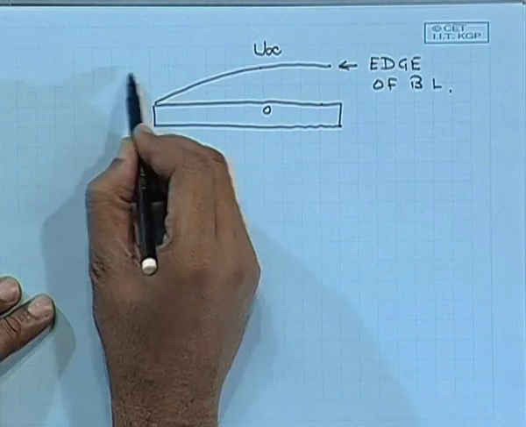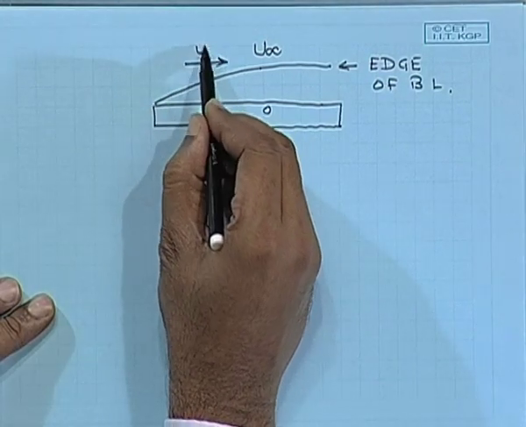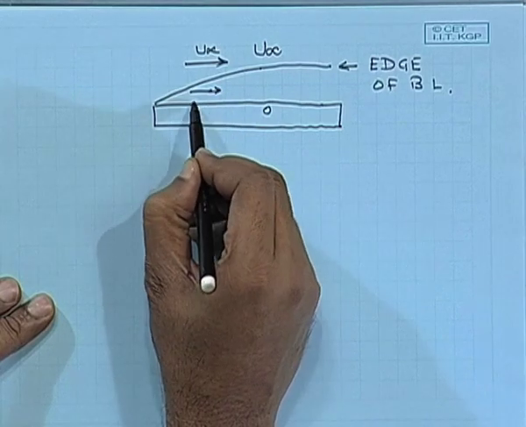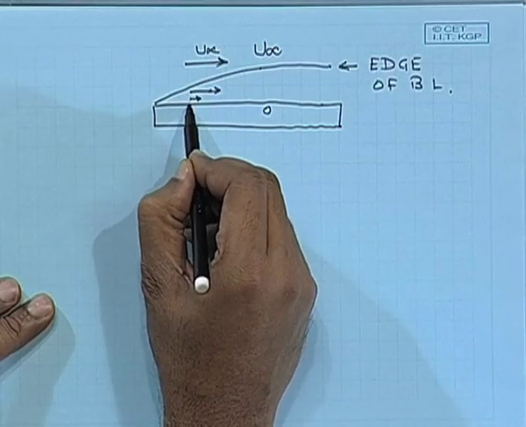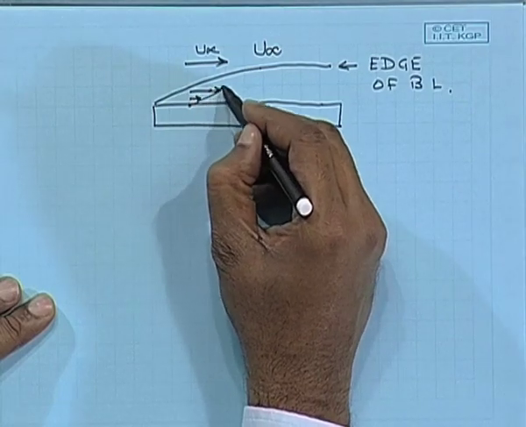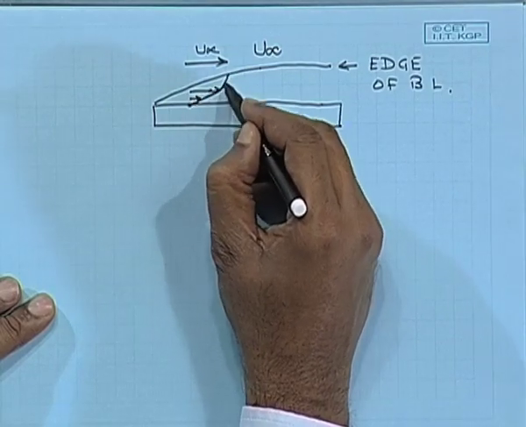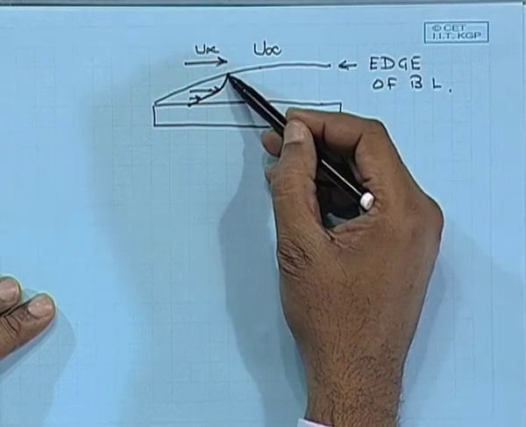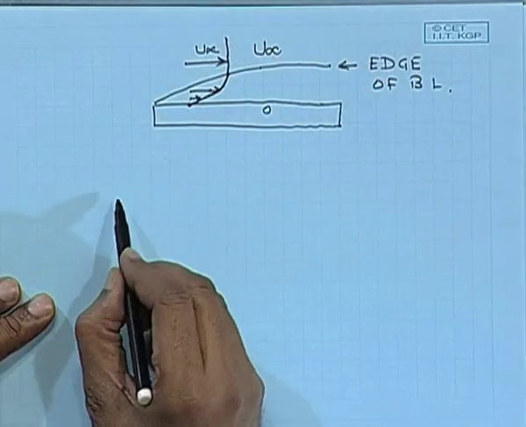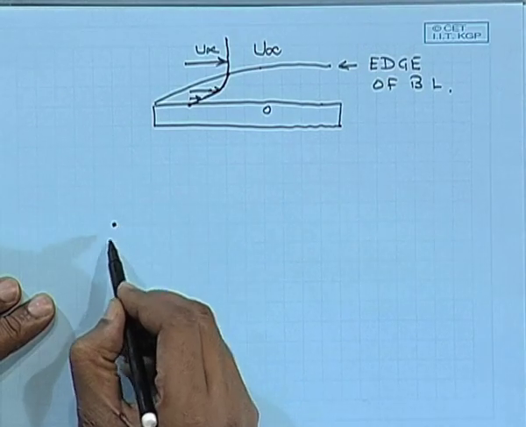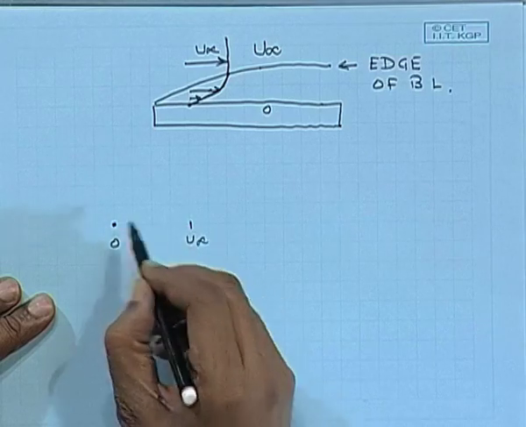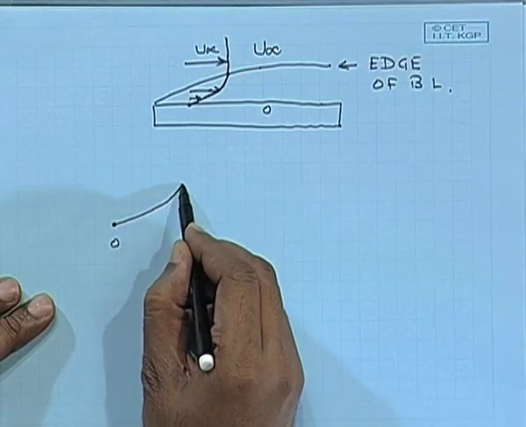So over here, if this is u infinity, then the velocity would be slightly less, even less, and equal to 0. So if I draw the profile of velocity, it would probably look something like this. It would asymptotically approach that of u infinity. So the velocity profile starting from a value equal to 0, it would end up at u infinity in this fashion.